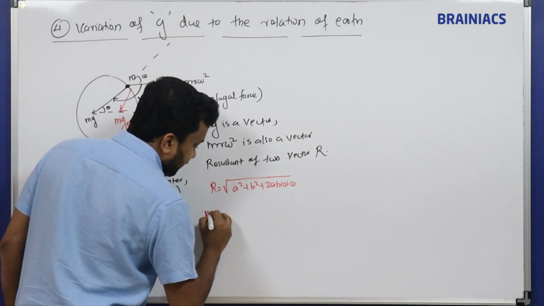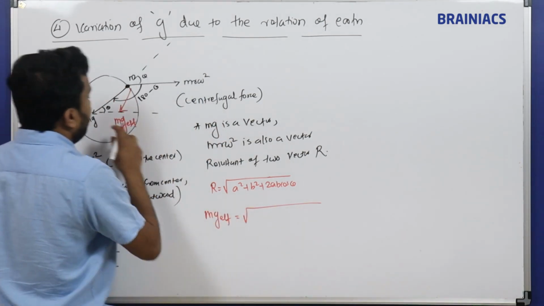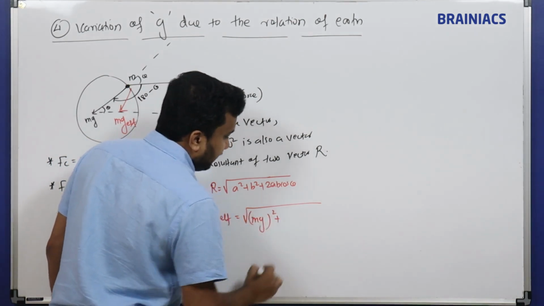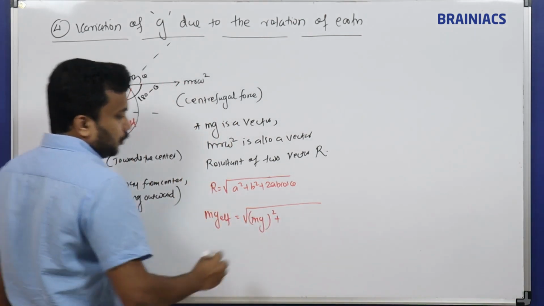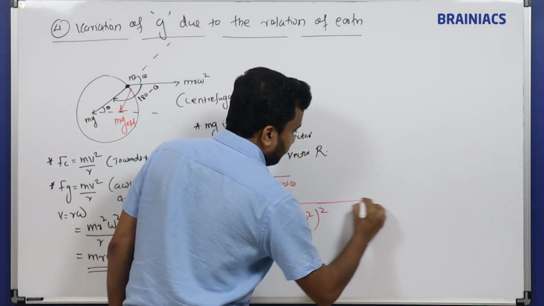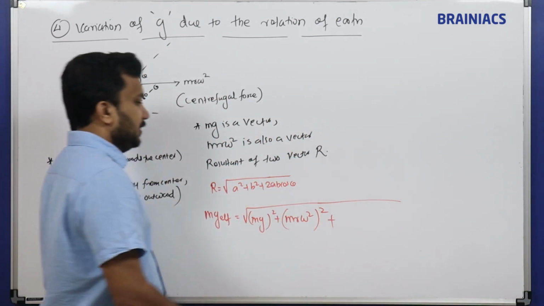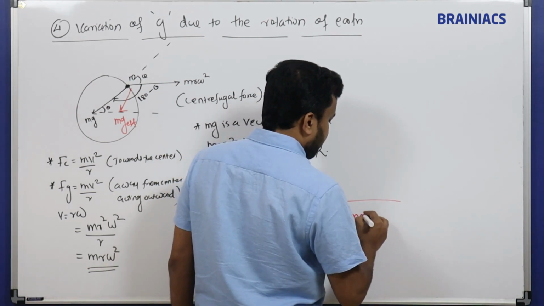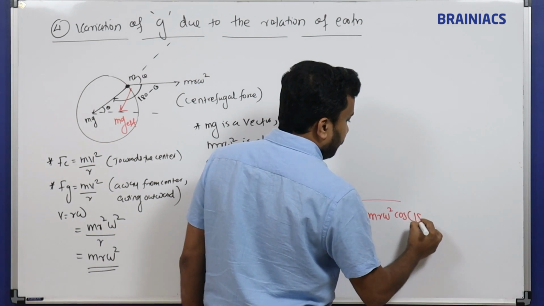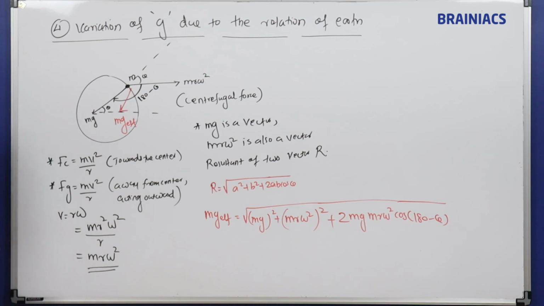So the resultant mg effective is equal to root of a square plus b square plus 2ab cos theta. So mg the whole square plus mr omega square the whole square plus 2 into mg into mr omega square into cos of 180 minus theta.